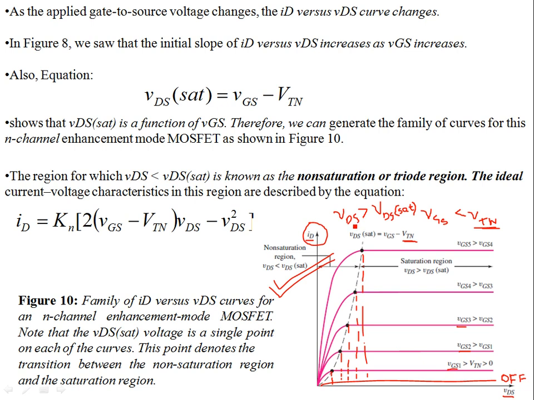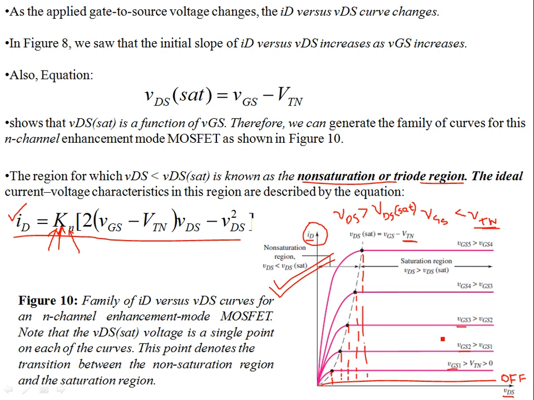If it is the other way around, VDS is less than VDS sat, then you can use this relationship. This is for the non-saturation, or linear, or triode region, and analytically you can find what the drain to source current is in the transistor, given you have the parameter Kn. This Kn is the transconductance parameter, which is expressed in terms of the electrical and geometrical parameters of the MOSFET.